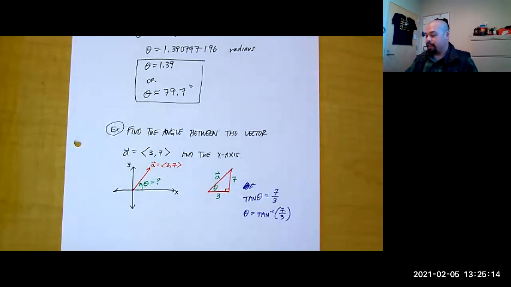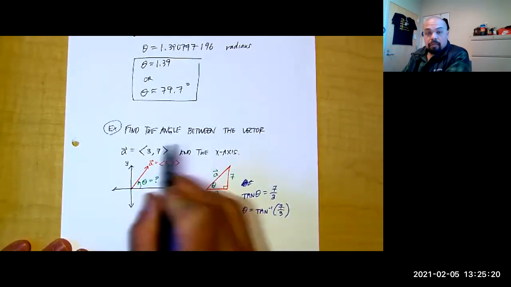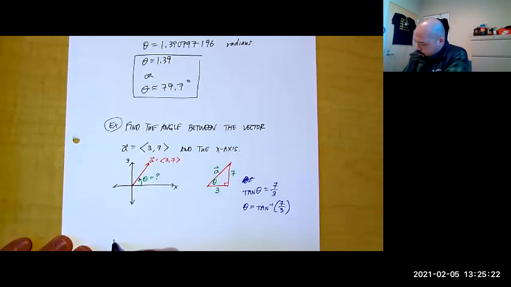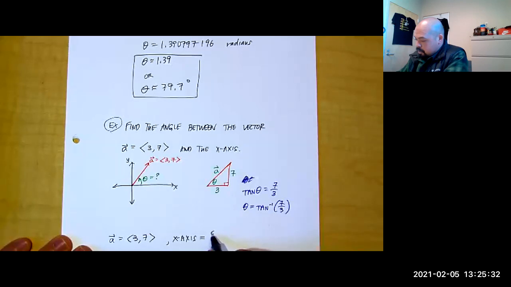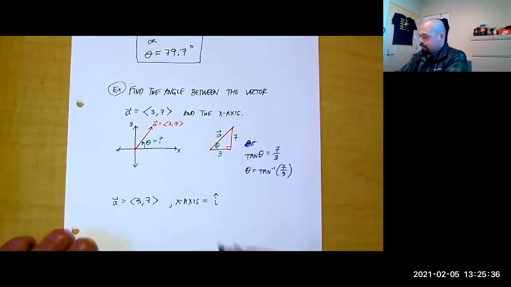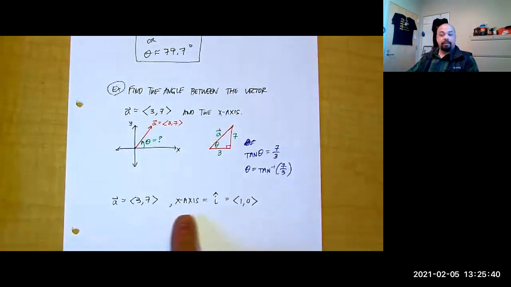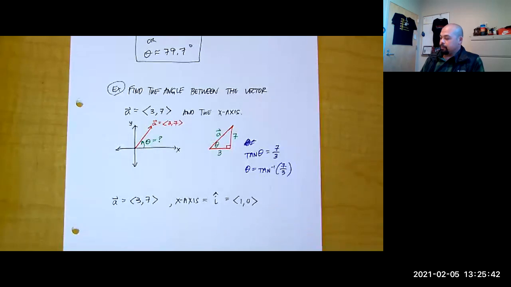Well, then what we can do instead is that, well, if I want to find that angle between these vectors, well, the x-axis, I can use the unit i vector. That vector 1, 0, because that's the vector in the direction of the x-axis.